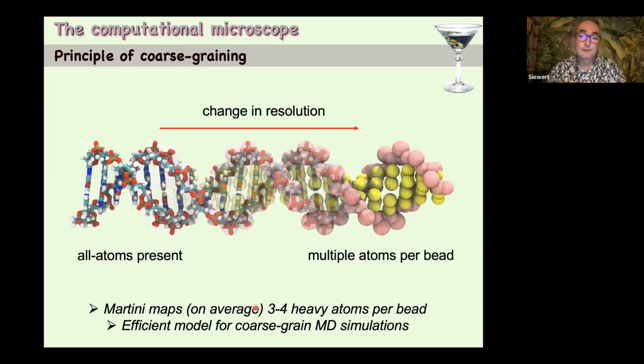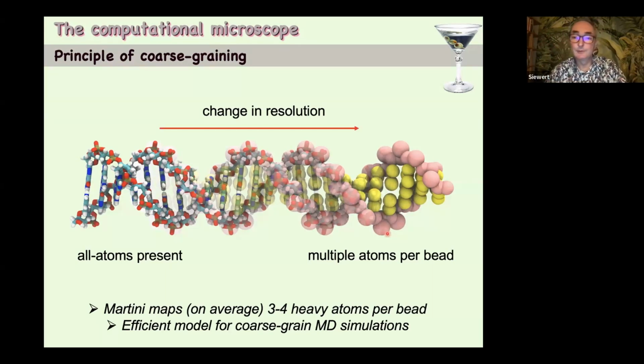Instead of representing all the atoms in the system that you are simulating, as is shown here for a simple double-stranded DNA fragment, you replace groups of atoms with coarse-grained beads. So you have a change in resolution, and you have fewer particles to compute, which makes it much faster.